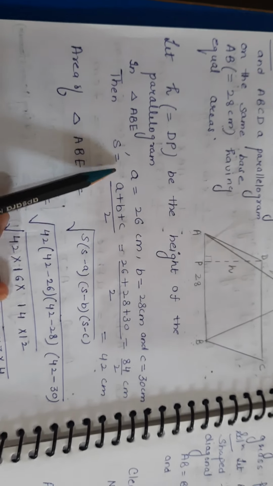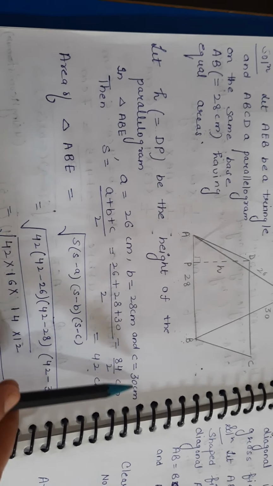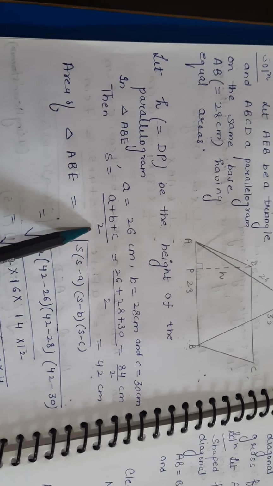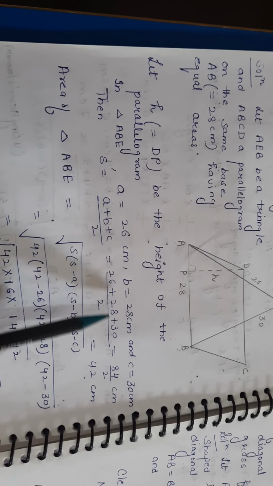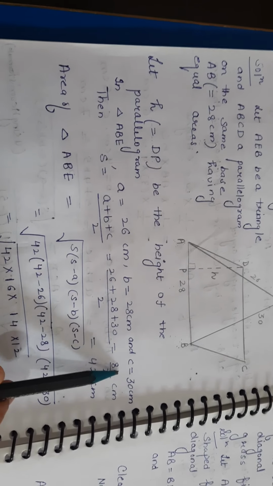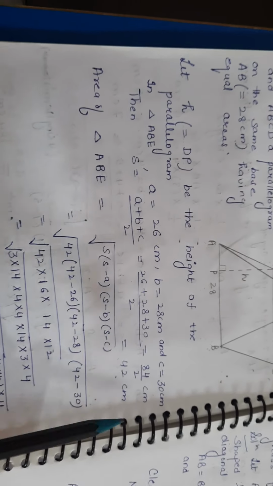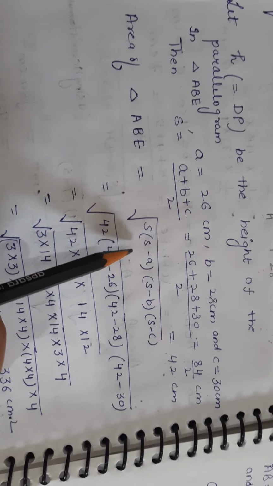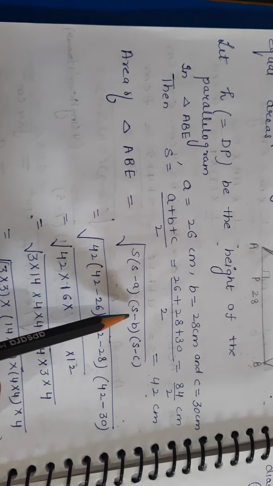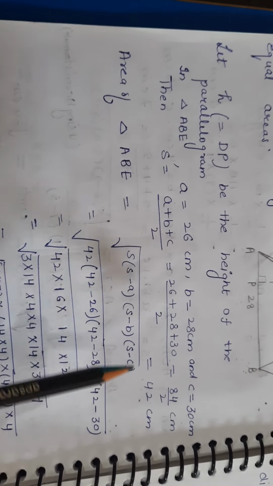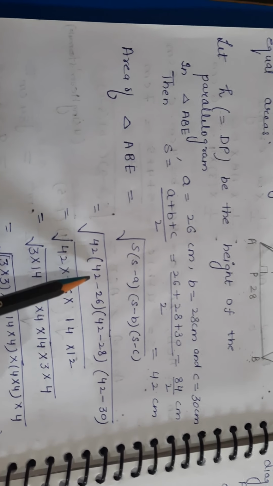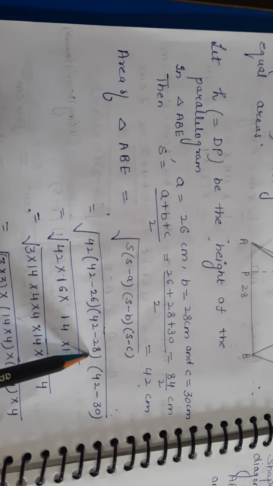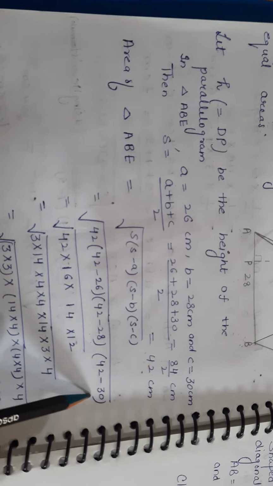So use Heron's formula with A, B, C, and the semi-perimeter S is (A plus B plus C) by 2. 26 plus 28 plus 30 by 2. This is 84 by 2, which is 42 centimeter. Now the area of the triangle is under the root S into (S minus A) into (S minus B) into (S minus C). So this is root 42 into (42 minus 26) into (42 minus 28) into (42 minus 30), right?